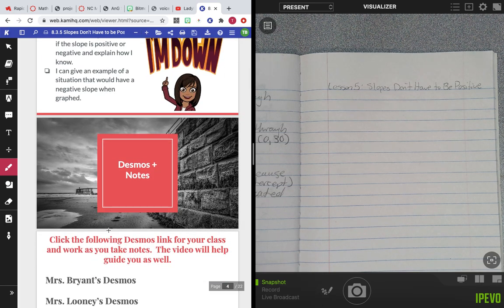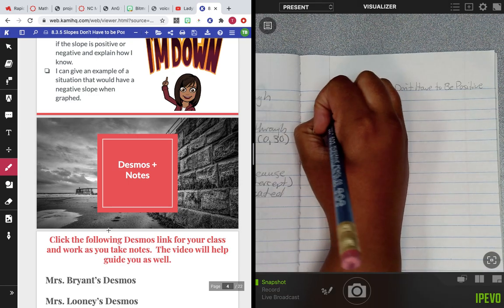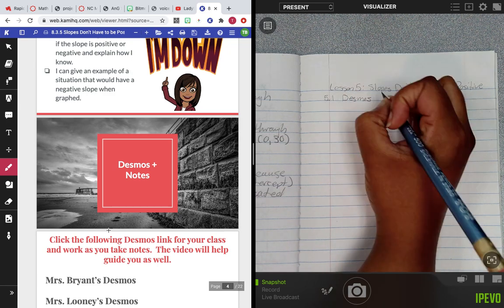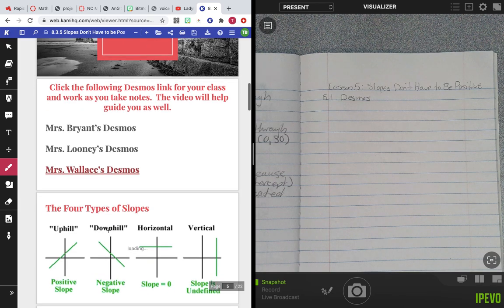So, our first activity is going to be a Desmos activity, which we will come back and do in our notebook, the notes from the activity. As you can see here, there is a link to my class here on the PowerPoint that you guys have access to.